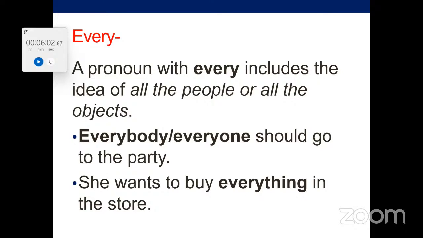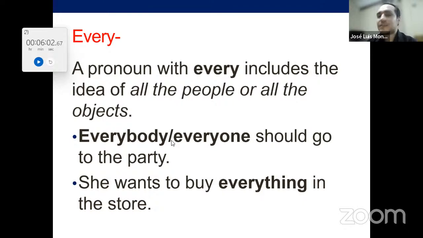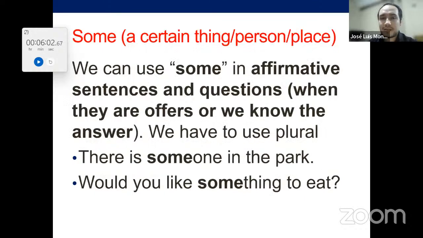She wants to buy everything in the store. Great. Thank you very much. This is something that we knew, right? Every includes all the people or all the objects. Everybody, everyone, the same, everything. It means all the people and all the things. You know that one. That's why this is affirmative. This is a positive idea.